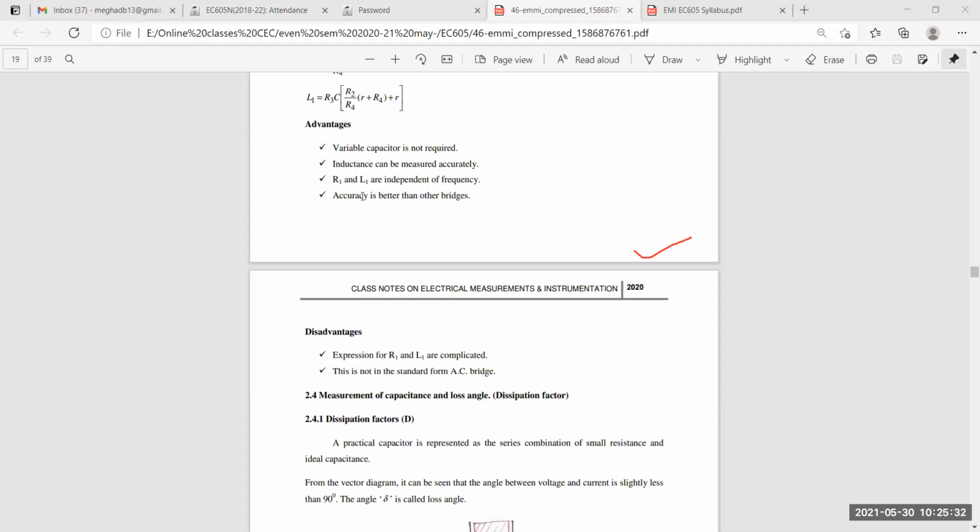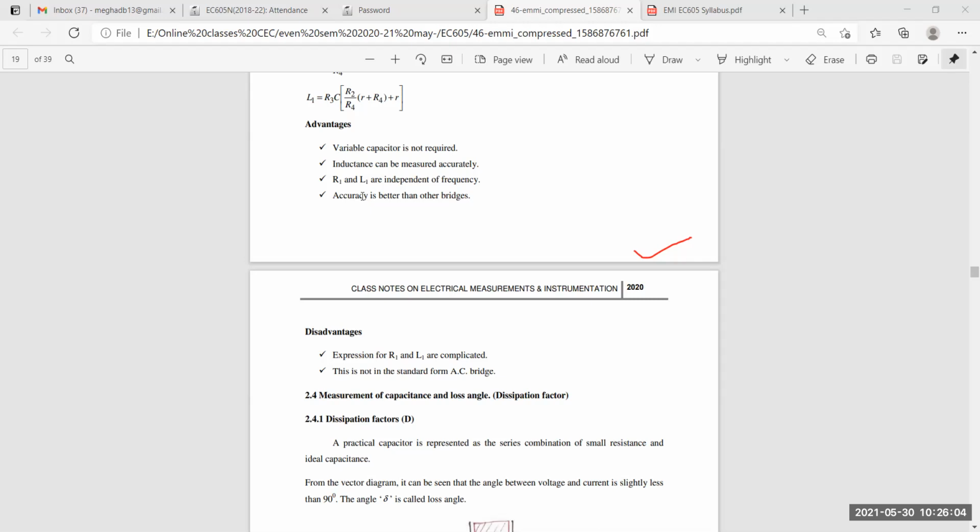Disadvantages: the circuit has more arms. You can see in Anderson the circuit definitely has more components, so it is complex as compared to Maxwell. If you compare Anderson with Maxwell, you will find in Maxwell only one extra capacitor is added, but here the circuit is a bit more complex. And as the circuit is complex, the phasor diagram is complex, and so the equation of the bridge is also complex.